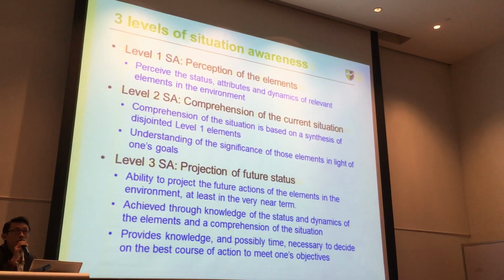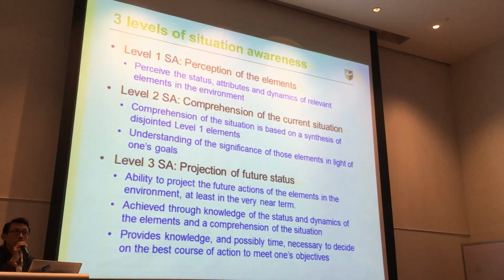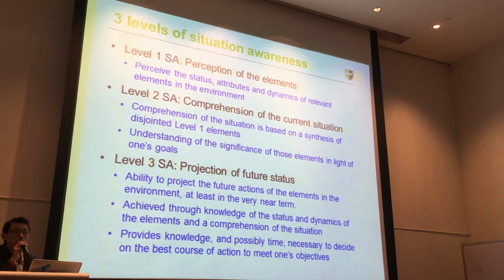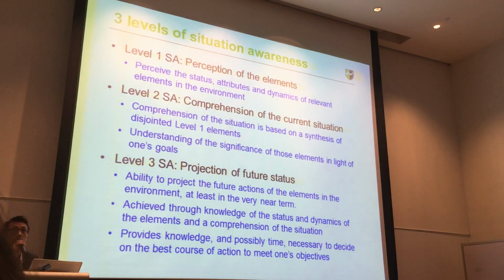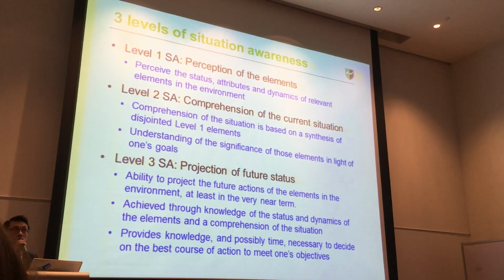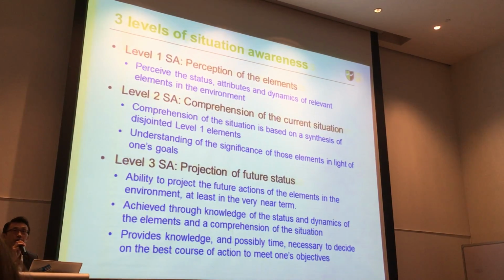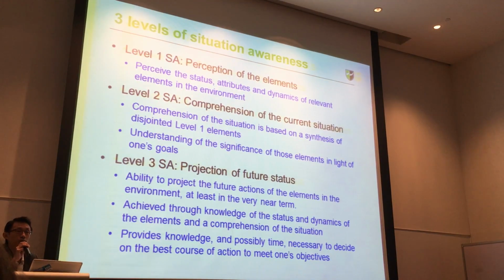What are the 3 levels? How I teach my class, the first level is only the perception of the elements. This is only to take in things that are happening around you: sight, smell, touch, feel, taking in all this information around you. So that's level 1.